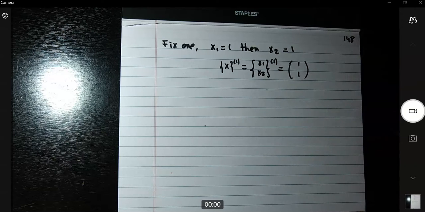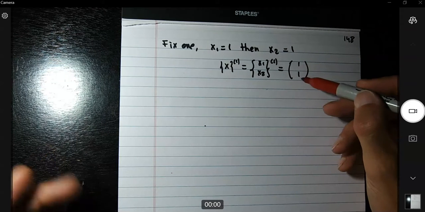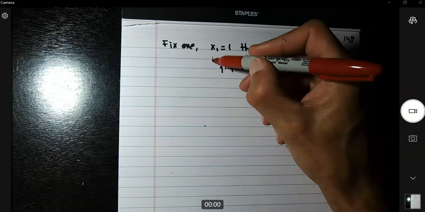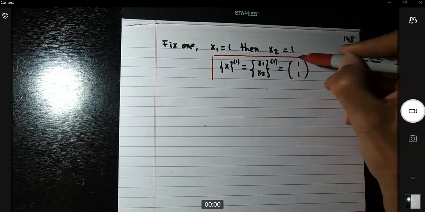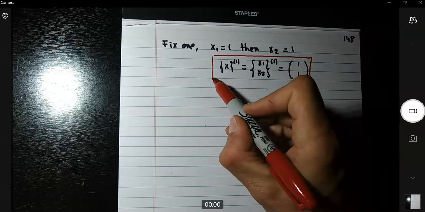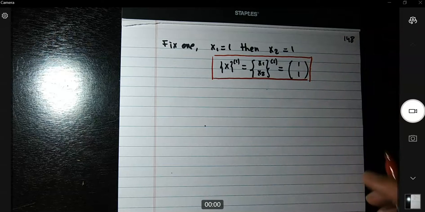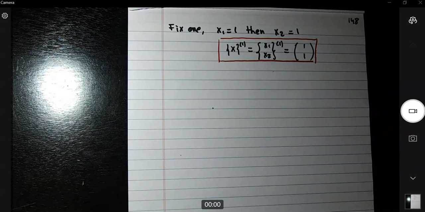But again, you should have an infinite number. 2, 2 would work, 1, half would work, 0.25, 0.25, whatever number you want will always be a solution. So here we have our first eigenvector corresponding to the eigenvalue lambda 1. Now we do exactly the same thing for the second one.